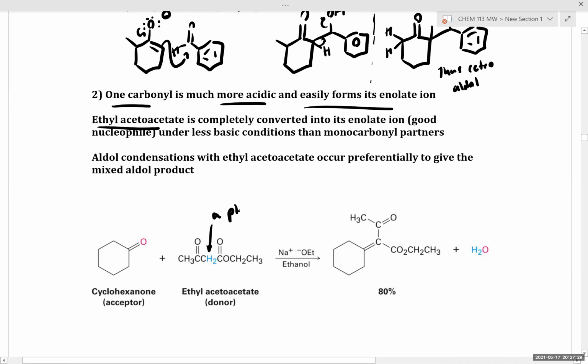This alpha proton has a pKa of around 11 to 13, and thus it is completely converted to its enolate ion under weakly basic conditions, at least compared to the normal carbonyl compounds, which have a pKa of around 20. Thus, for example, aldol condensations with ethyl acetoacetate occur preferentially to give the desired mixed aldol product.